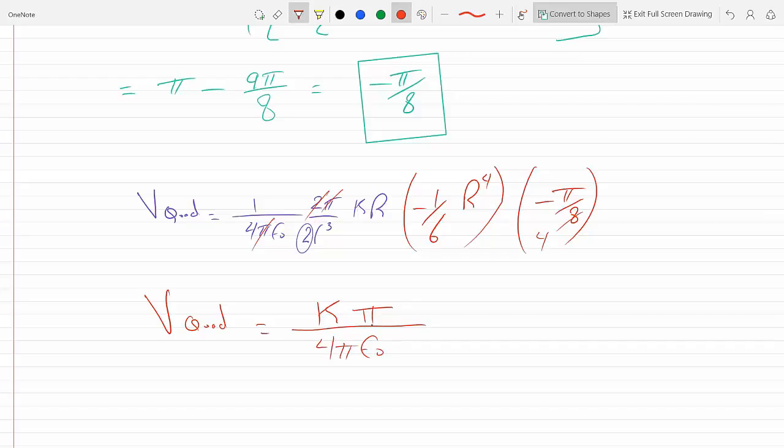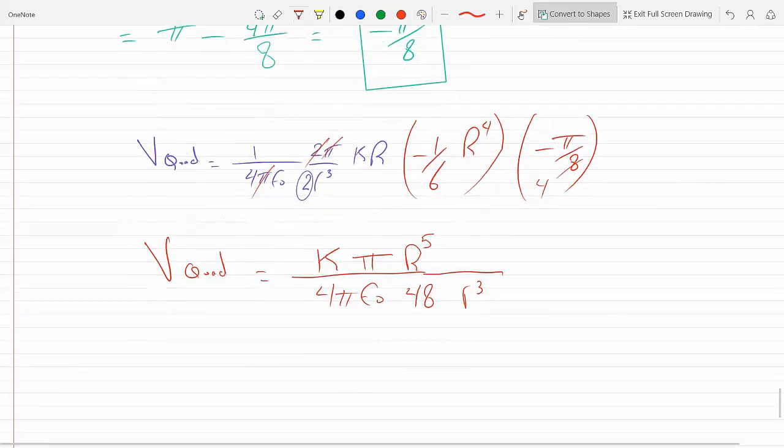We have R to the 5. What else? We have 6 times 4 is 24. So we have another 24 here. Oh, and then we have the 2. So that's a 48. And we have an R cubed. Right? So this would be the potential for the quadrupole.